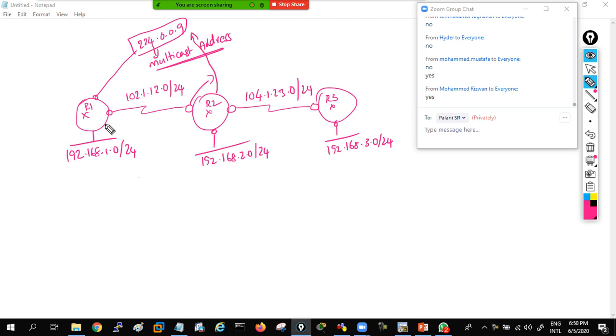Only the sending of updates. The moment router 1 sees that one more router is configured with RIP, he will directly send his updates to router 2, and router 2 will send to router 1. Again, the routing updates are always exchanged through the multicast address.